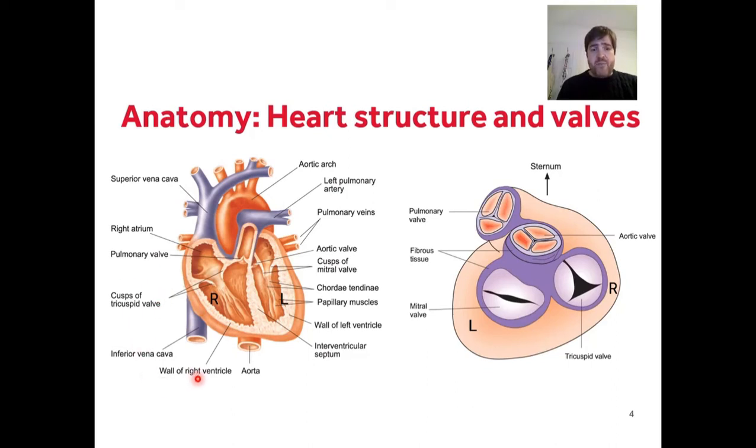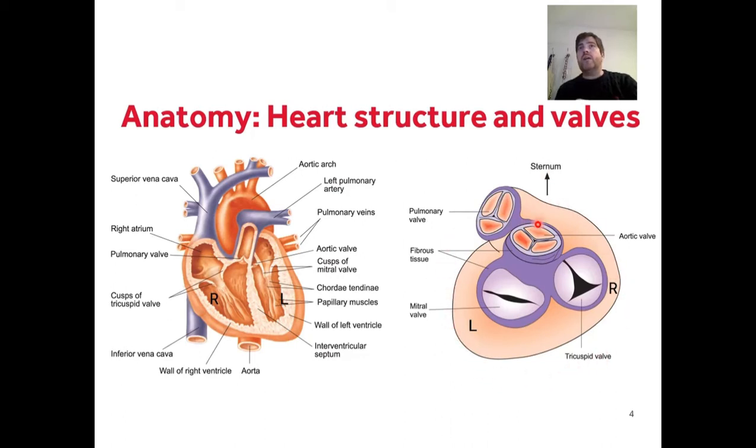This diagram, available in the notes, clearly labels all the major parts. I just want to highlight the 4 chambers, and those chambers are divided by valves, and there's also valves on the arteries leaving those chambers.